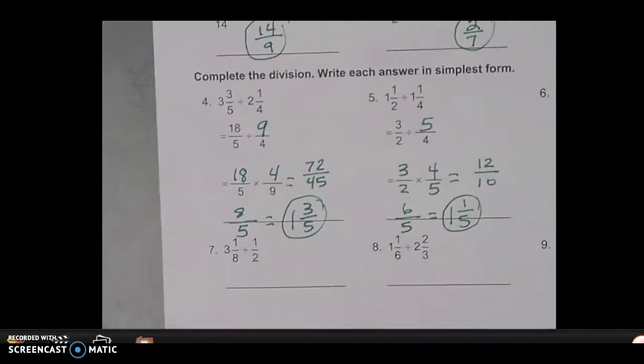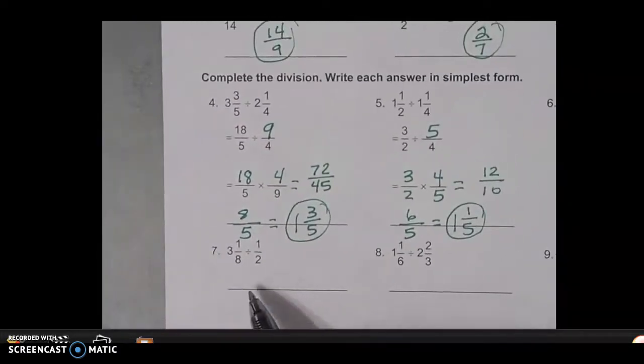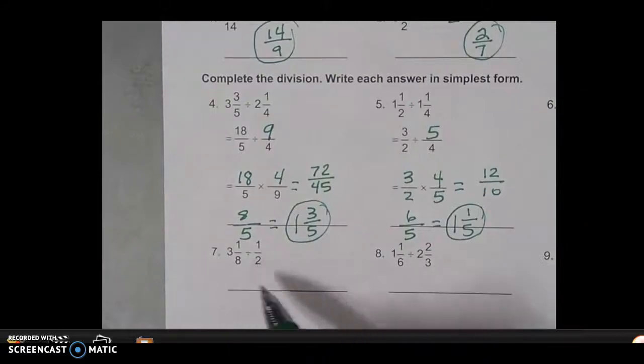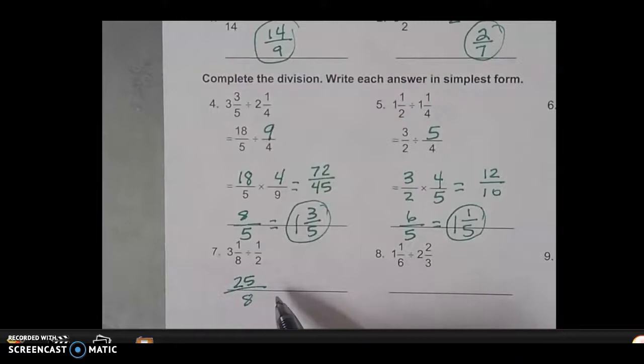Number 7, 3 and 1/8 divided by 1/2. Rewrite it as 25 all over 8, divided by 1/2, which is now 25 over 8 times 2 over 1, which will give me 50 over 8.